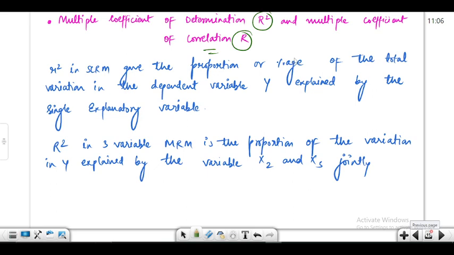So remember the notation R square. Small r square was used in the simple linear regression model. For the multiple, we use a capital R square to denote the coefficient of determination.